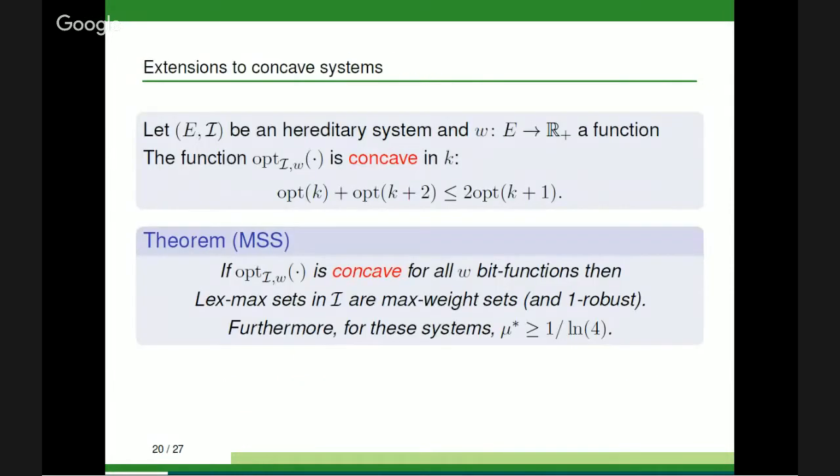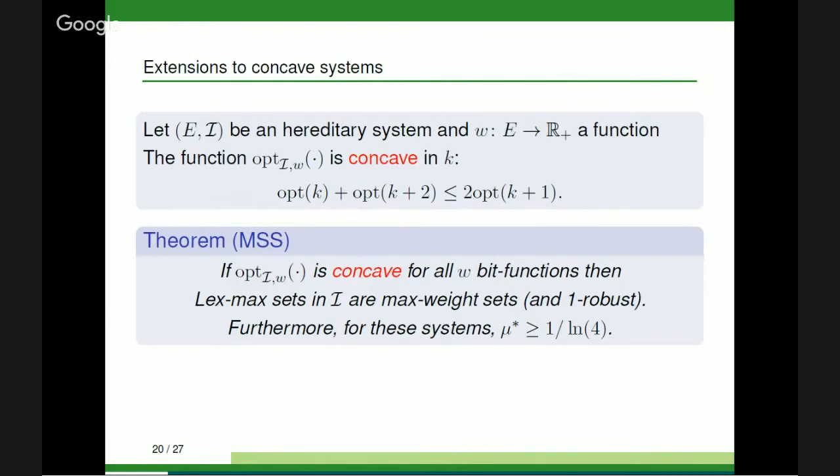And just for completeness, I want to tell you what these objects are. So this is the extension. Imagine that maximum weight matching can be cast as an instance of the following problem.